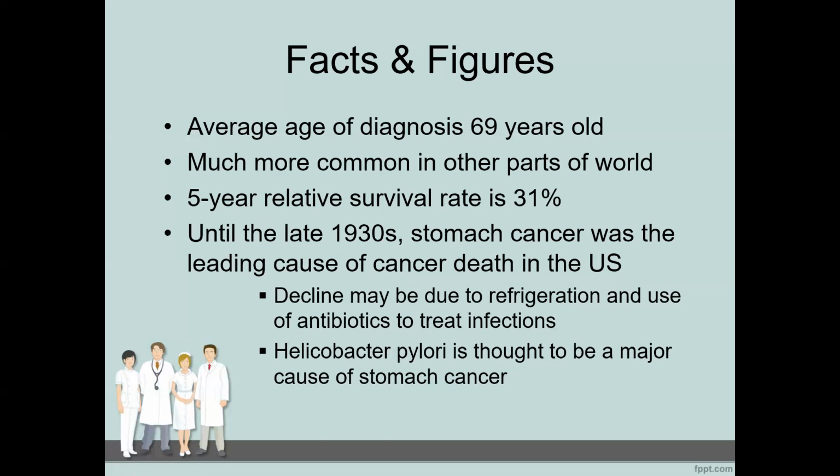Some doctors think that the decline may also be linked to the frequent use of antibiotics to treat infection. Antibiotics can kill the bacteria called H. pylori, which is thought to be a major cause of stomach cancer.